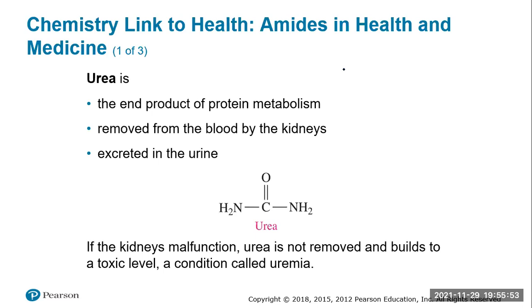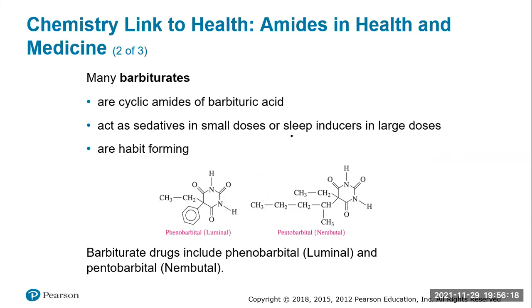Urea is the end product of protein metabolism. It's removed from the blood by the kidneys, excreted as urine. And you can see here it does have the amide group attached, or carbon oxygen double bond with the NH2. Again, this being its functional group here. Other things, barbiturates as well.